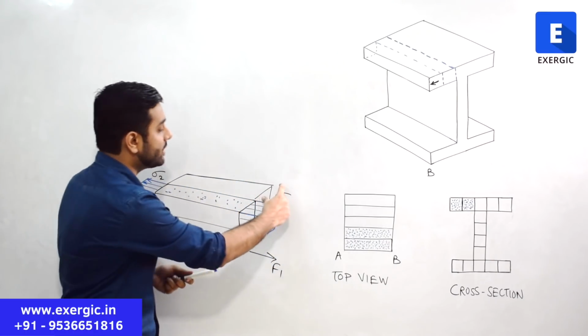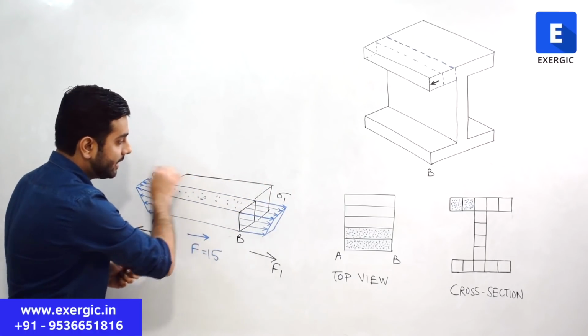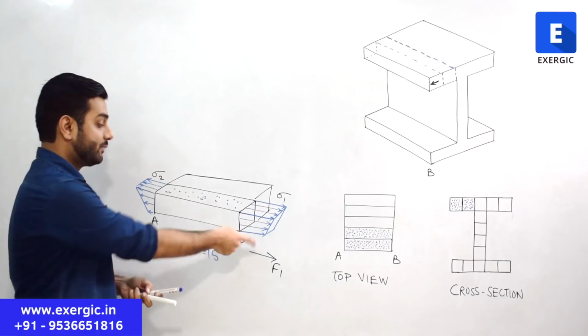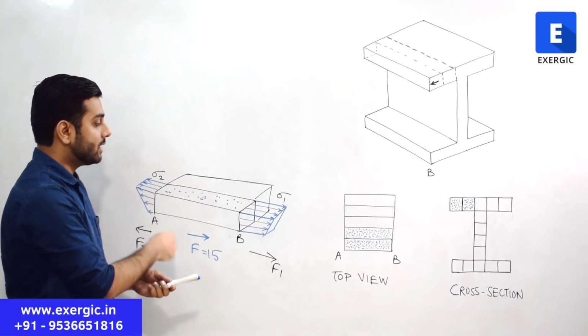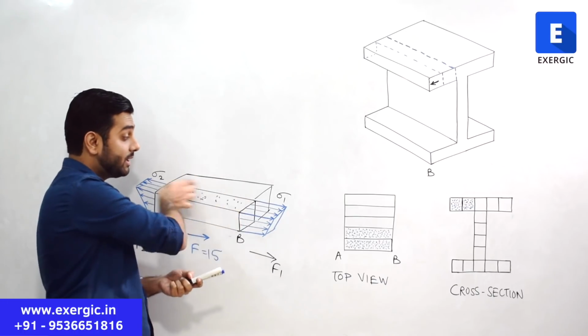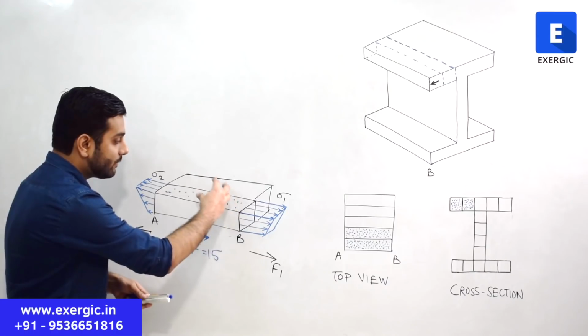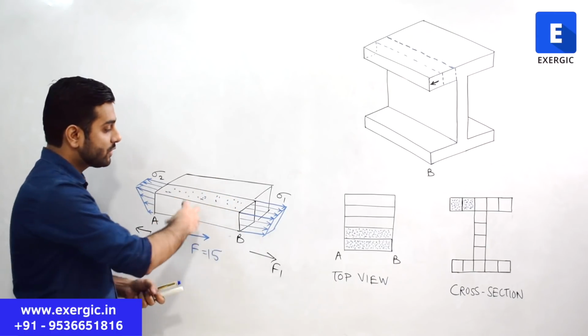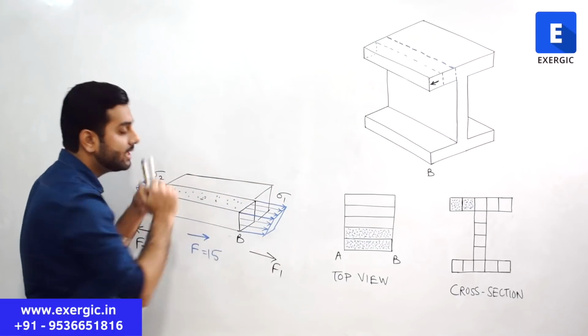So the sigma 1, sigma 2 exact will be replicated on this adjacent cuboid also. So F1, F2 will also come because area is also same. F1 and F2 will come, so the resultant force of that particular one will also be F, which is 15. So 15 units force which was generating as a difference of F1 and F2 will be exactly replicated there also.